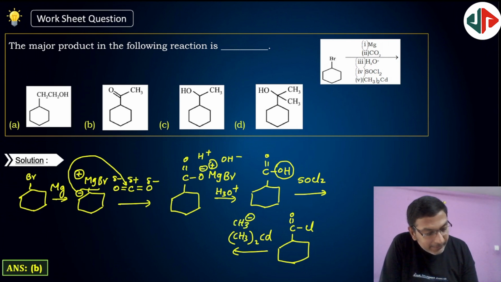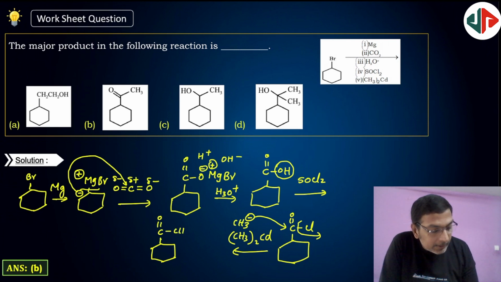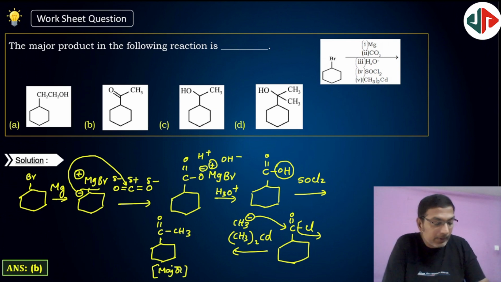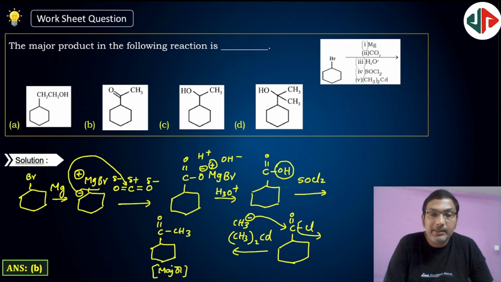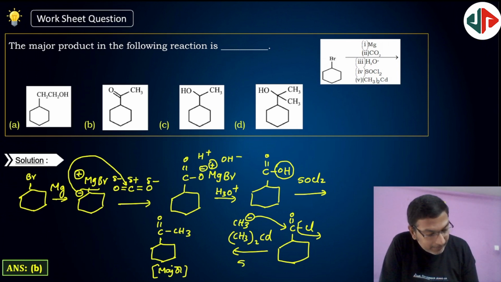That minus displaces Cl minus. Therefore, the final compound will have C double bond O CH3. So option B. This is the major compound. Here Cd plus and CH3 minus: nucleophilic substitution, SN2 mechanism.